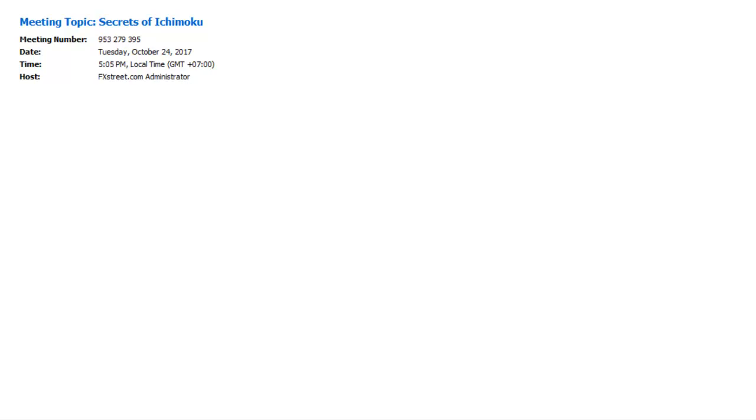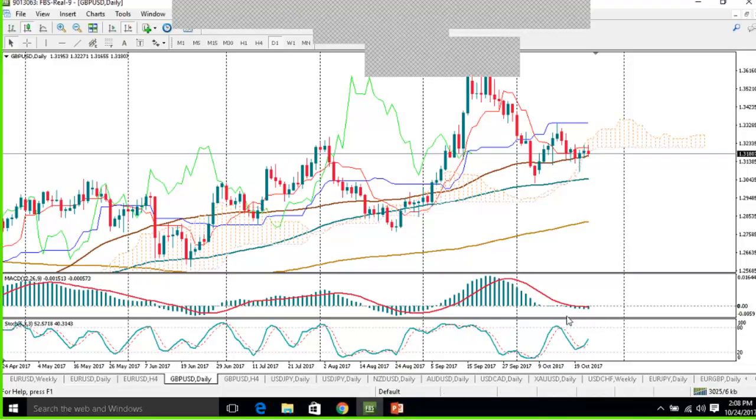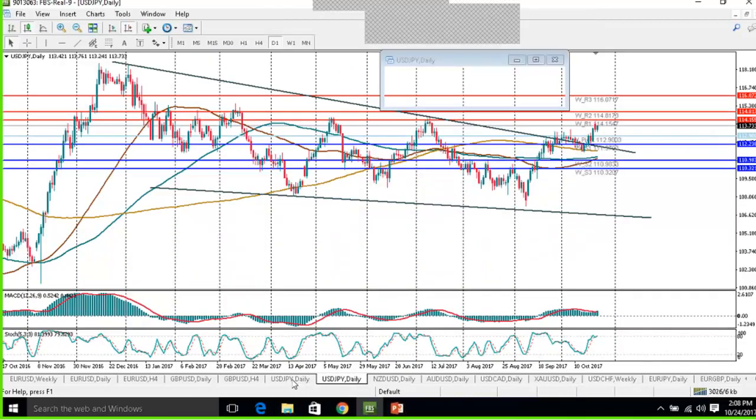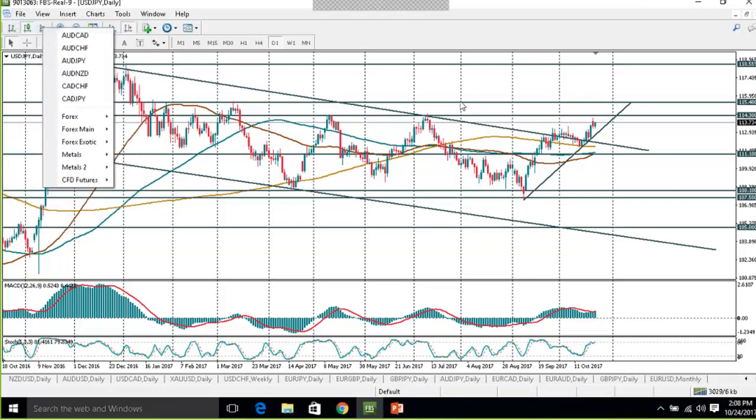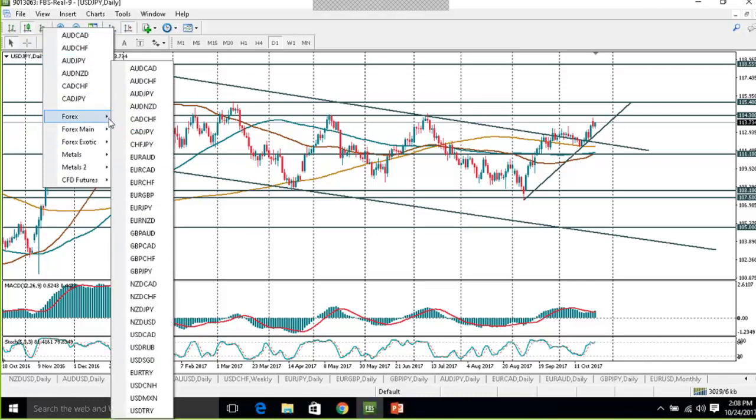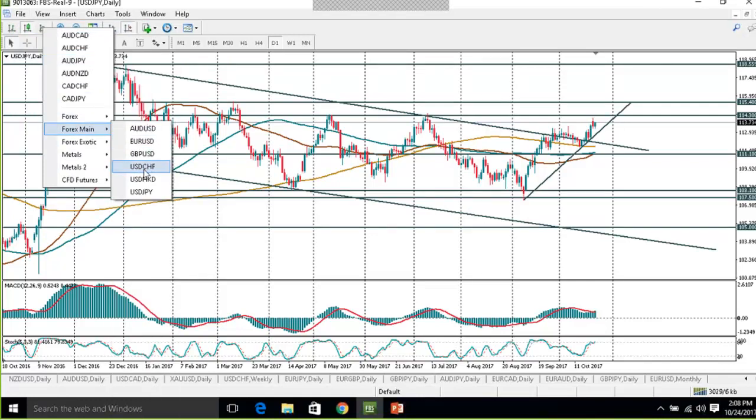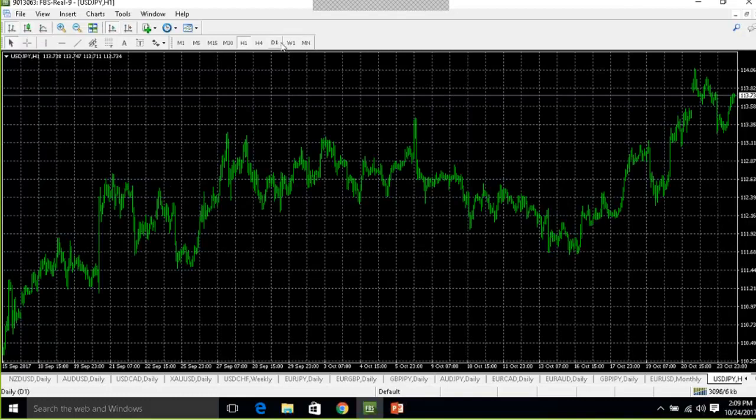What else do we hear? Dollar yen daily. Did we look at this chart? I think we should have dollar yen. Let's quickly make this glance at dollar yen.